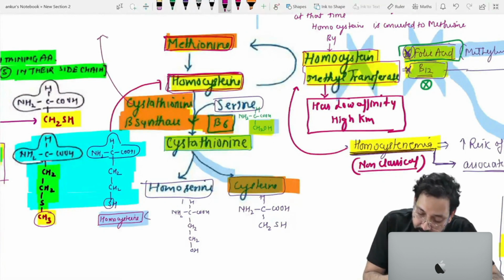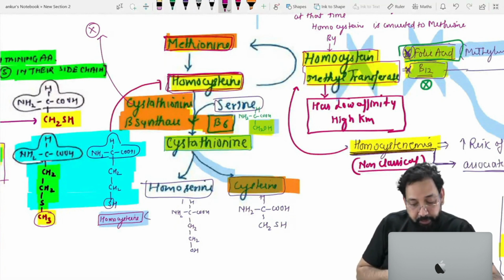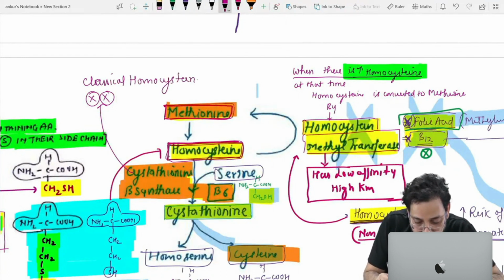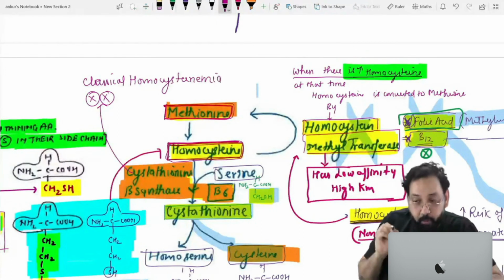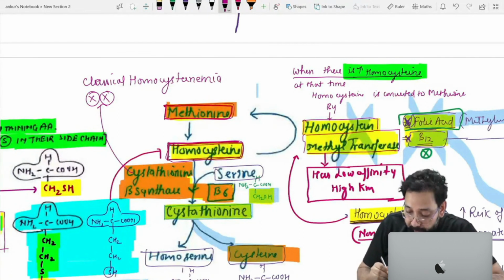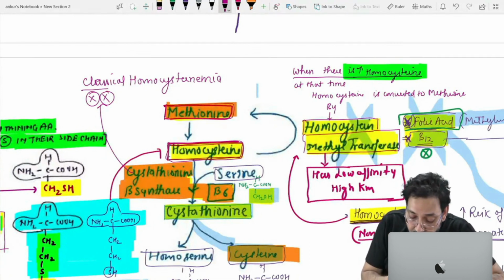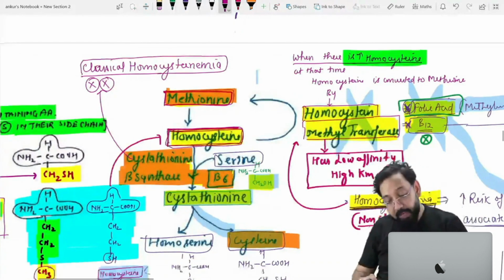And if B6 is deficient, or this enzyme is not working, then it is classical homocysteinemia. And a question was recently asked that in classical homocysteinemia this cysteine will not be synthesized.